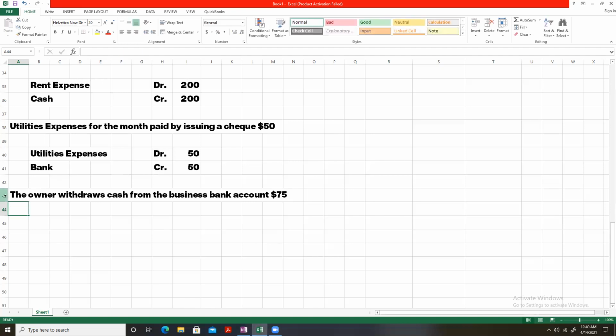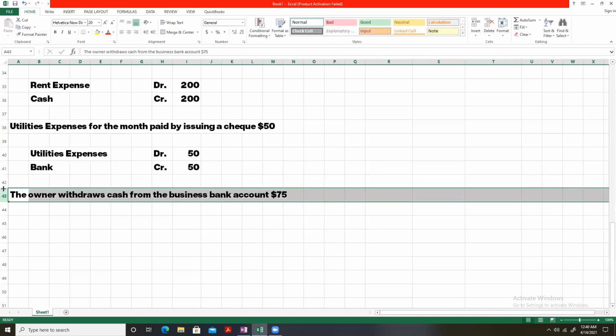Now, in this transaction, let's suppose you are the owner of the business and you withdraw cash from the business bank account. You take out cash from the business bank account for your personal use.